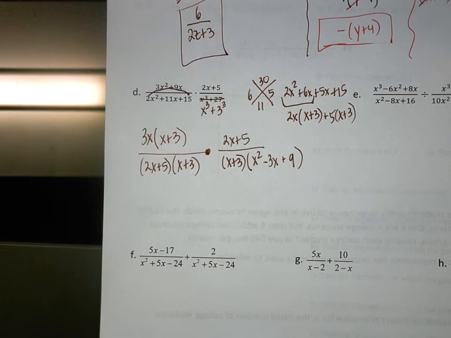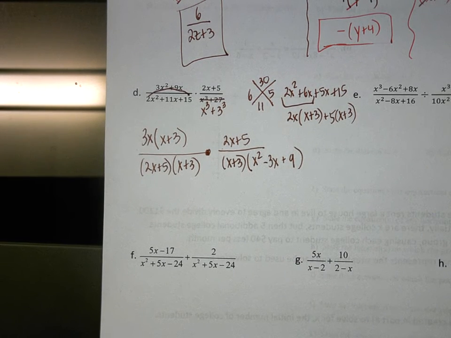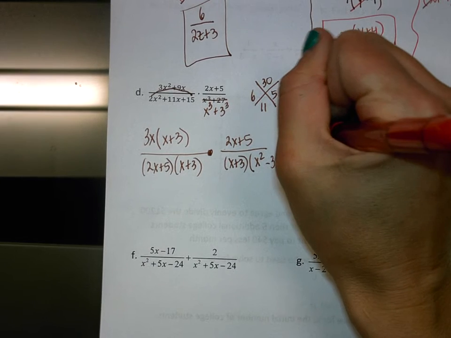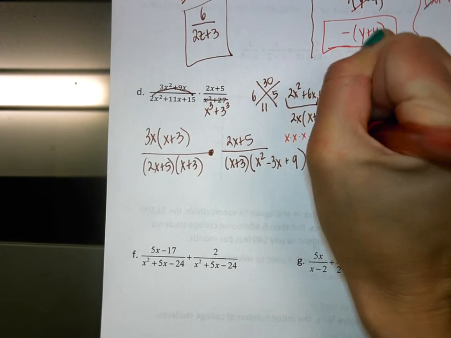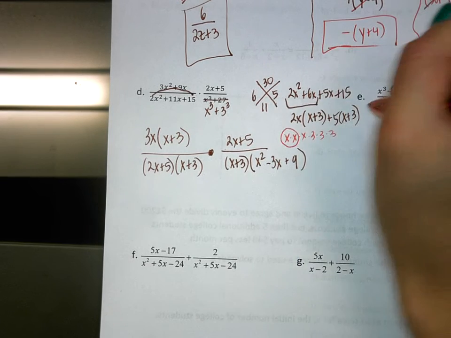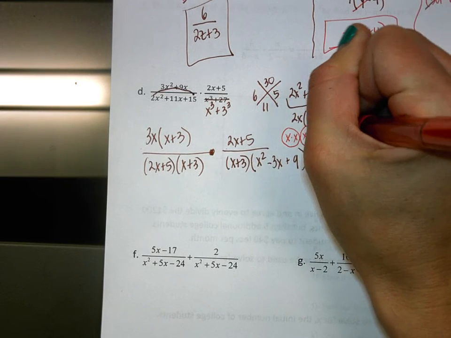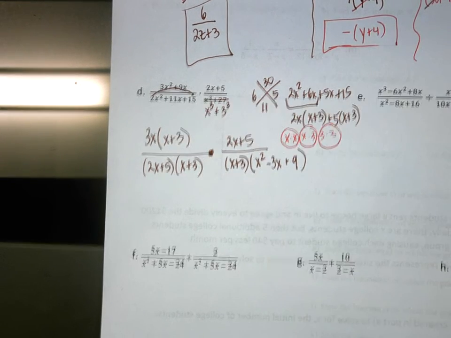And that's it. I think I maybe had you guys write out all the things that you're multiplying, like x times x times x times 3 times 3 times 3. Does that kind of make sense? So if you want to do it that way, x and x and x and 3 and 3 and 3. So remember, that makes your first term, that makes your second term, and that makes your last term.